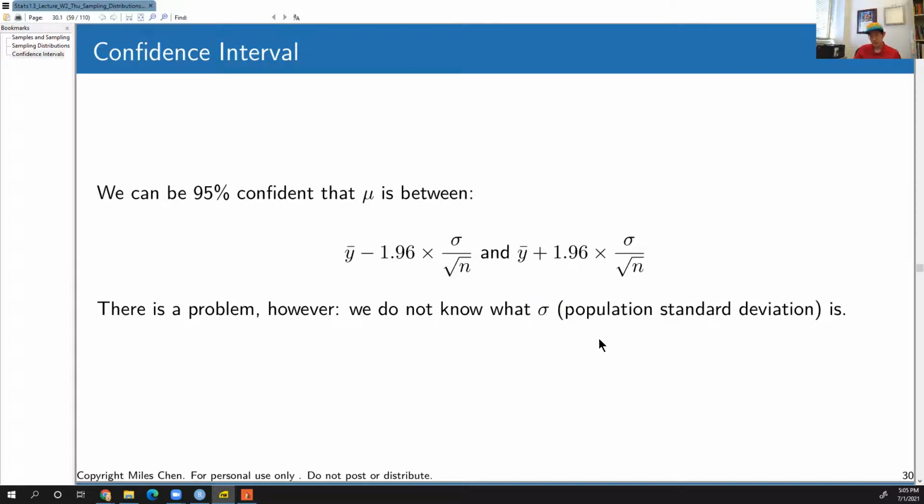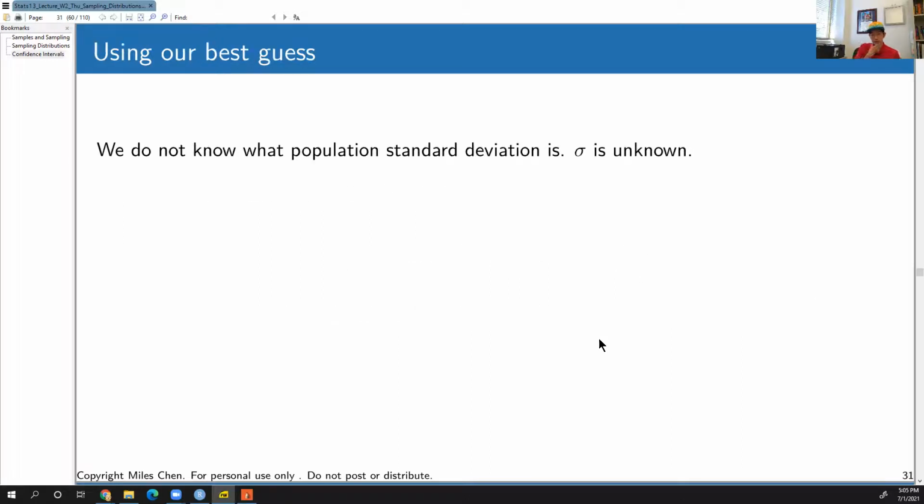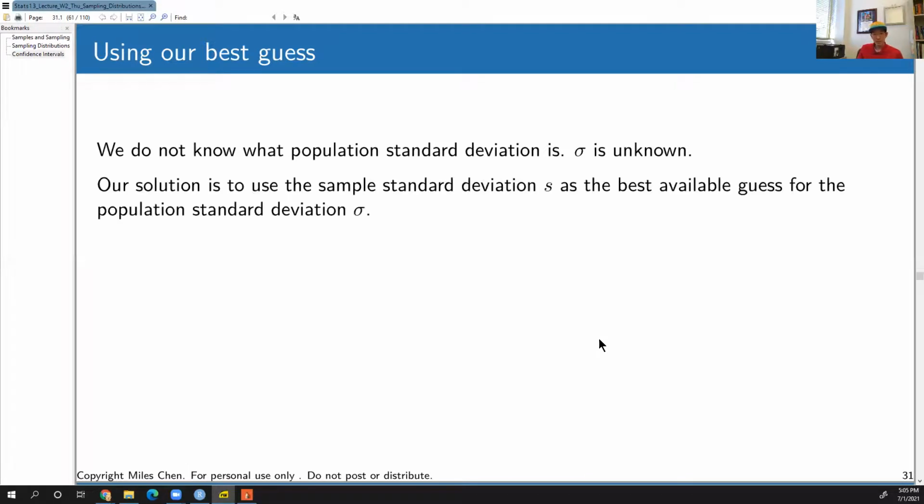So what do we do? I don't know the population standard deviation. Well, we're going to do the best we can, which is really all we can do every day, the best we can with what we have. And we're going to say, if I don't know the standard deviation of the population, the standard deviation of my sample is probably a decent estimate for the population standard deviation, right?